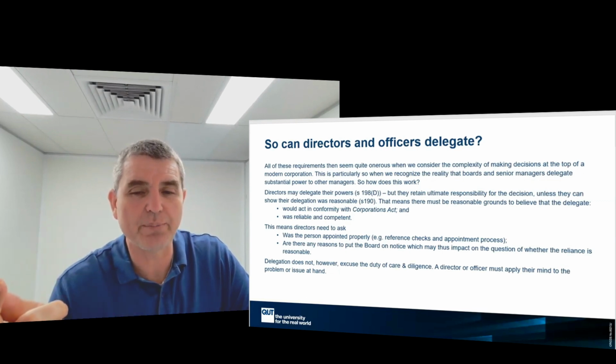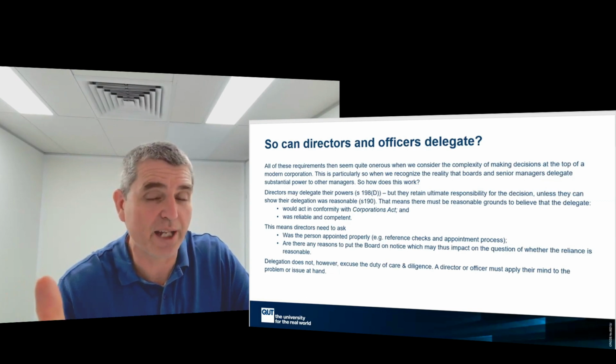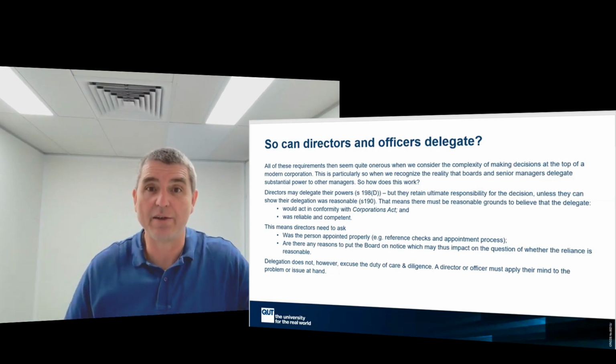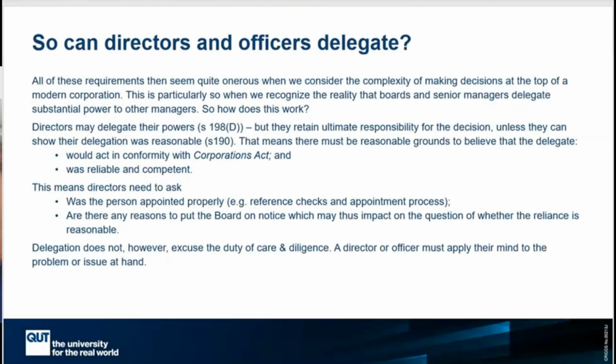Now, if a specific piece of legislation doesn't require you to do the actual act in particular, then we can delegate. Section 198D, right, says you can delegate. When is it reasonable, right? Okay, reasonableness is set out in 190.